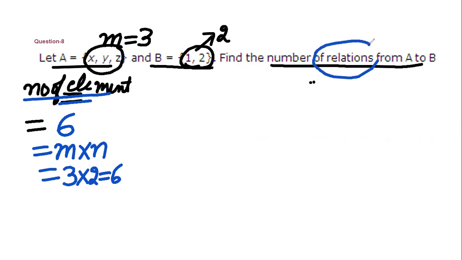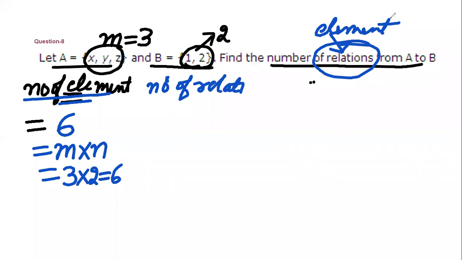But what is the question? Can you see here? Is the question about the number of elements? No. They are asking about the number of relations. So the answer is 2 to the power of the number of elements.